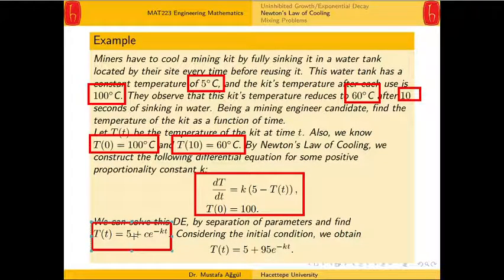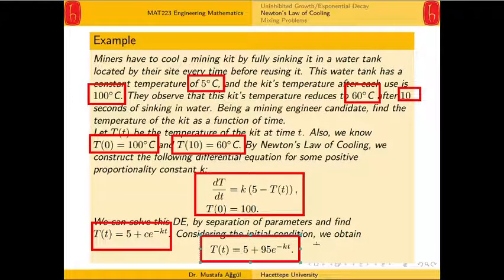Then if we use the initial condition and substitute 0 for time t, the exponential will be just 1 and only c will remain from that term, so we will have 5 plus c is equal to 100 and c will be equal to 95.